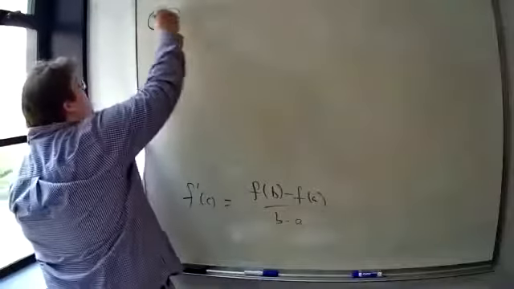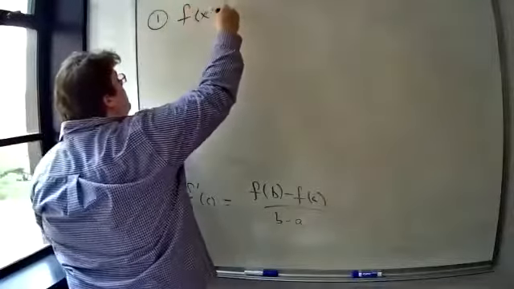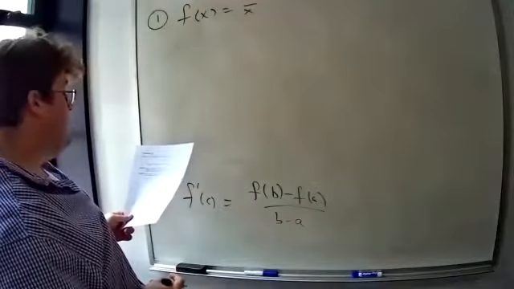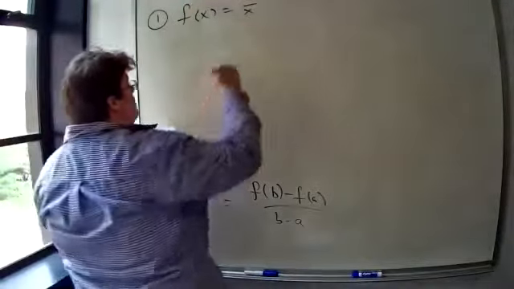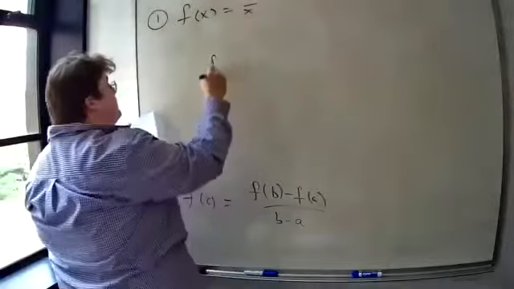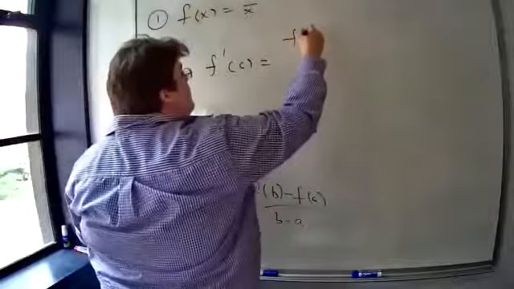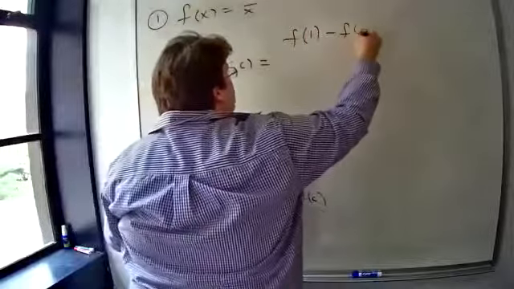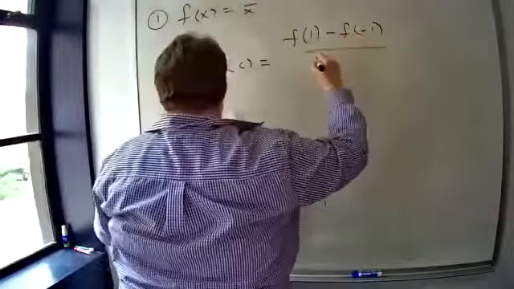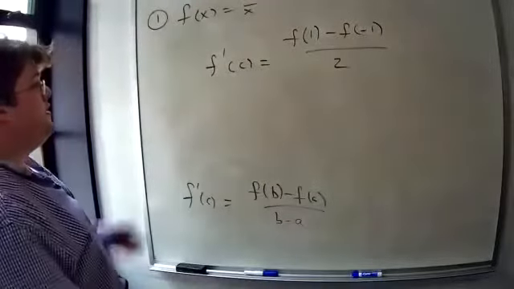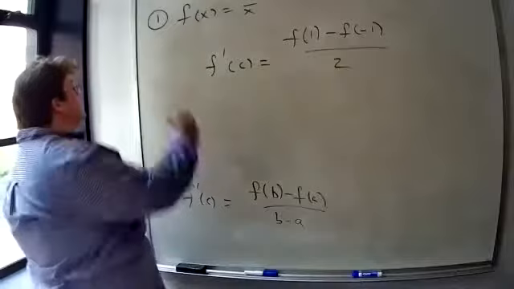So number one, for this function, show there is no value c with f prime of c equal to, what were our points, 1 and -1. So show that there's no value c that satisfies this equation.